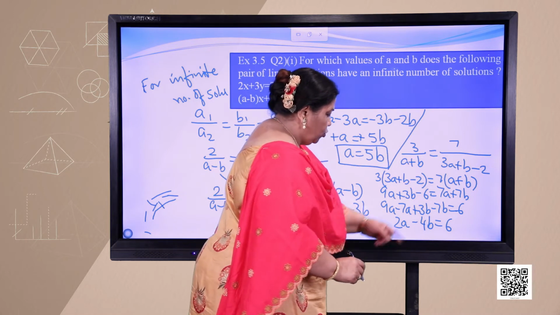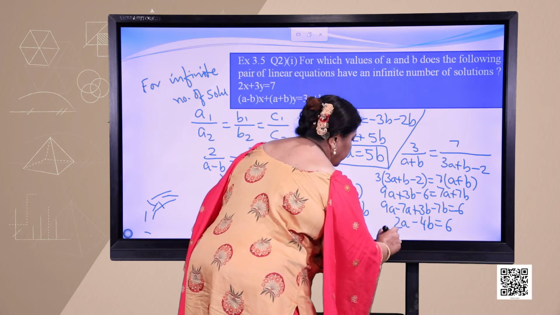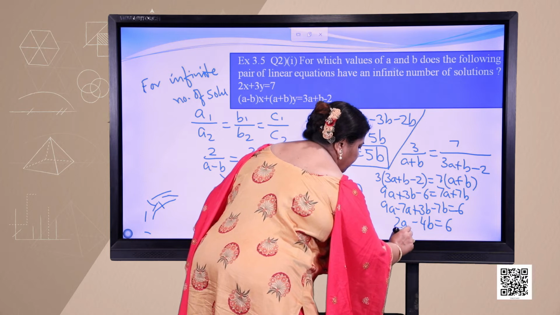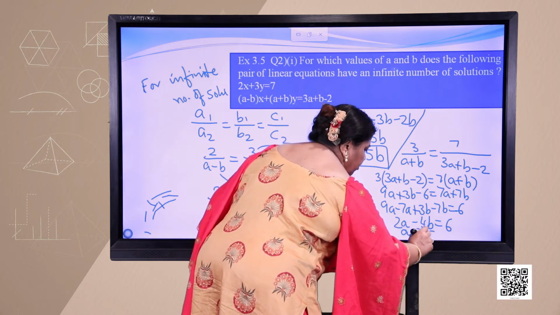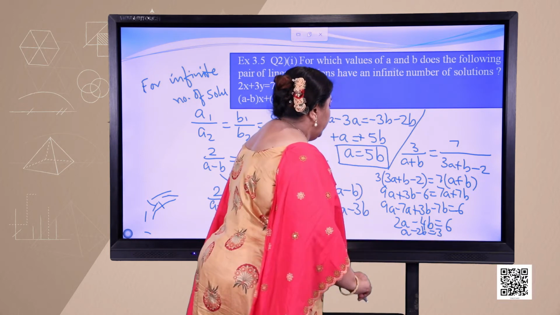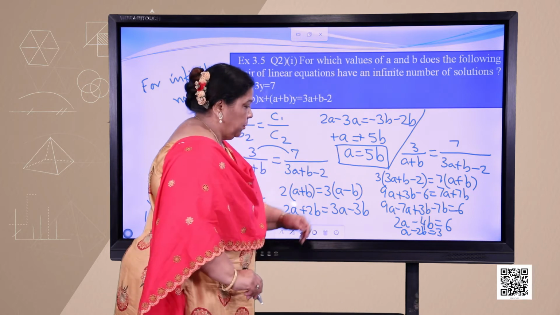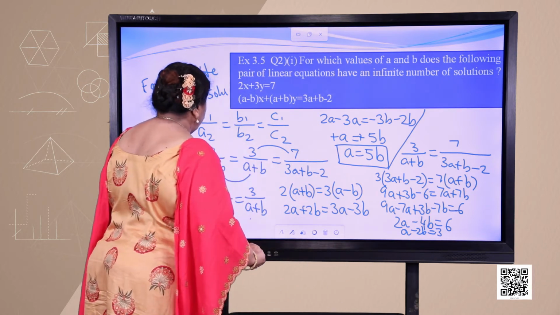I find 2 to be common. I can take a minus 2b is equal to 3. Now, using cross multiplication method, let us solve this.